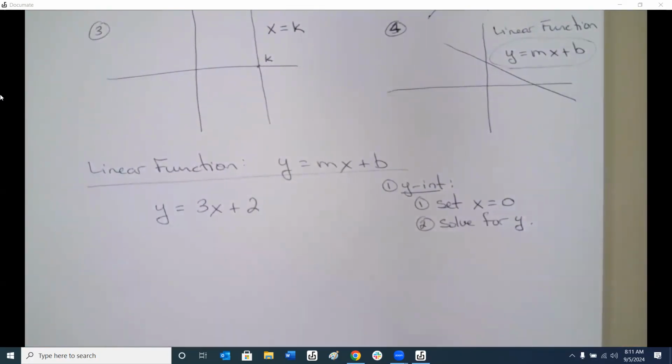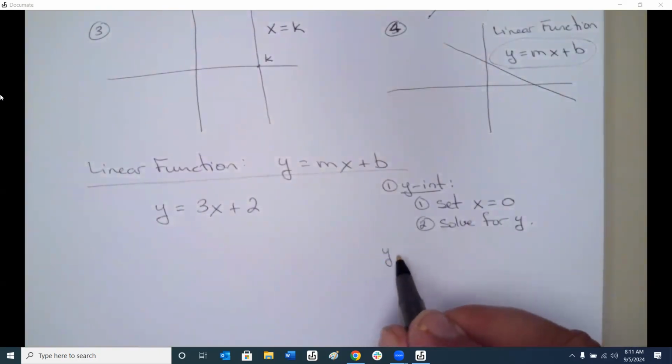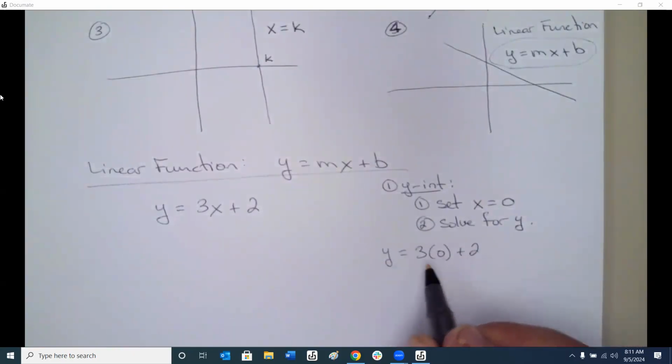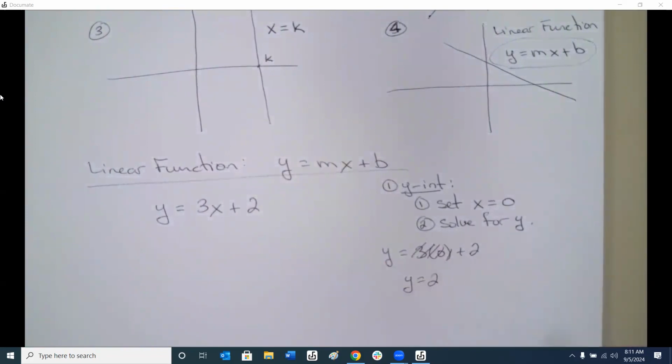So in this example, what's the y-intercept? Yes, because if we had y equals 3 times 0, that becomes 0. So y equals 2. So that is the y-intercept.